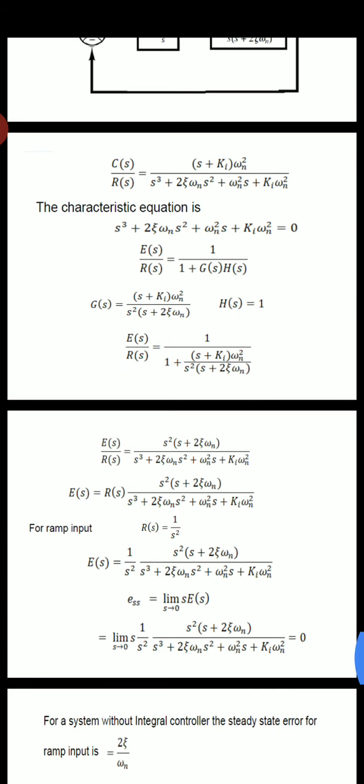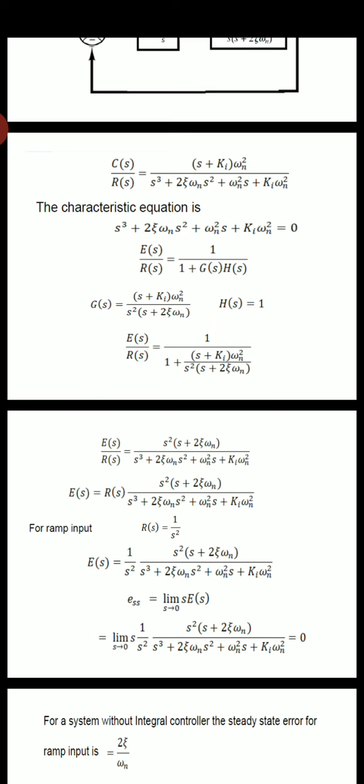After substituting, if s² gets cancelled, then E(s) = (s + 2ζωn) / (s³ + 2ζωn s² + ωn² s + Ki ωn²).